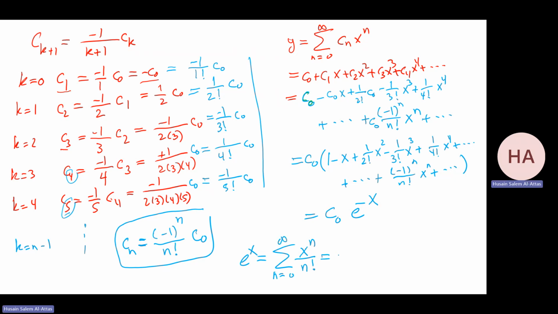So this implies e to the power minus x is the summation, n running from 0 to infinity, of minus 1 to the power n over n factorial x to the power n, which is the case here. Actually, this series you can write as C0 times the summation n equals 0 to infinity of this term.